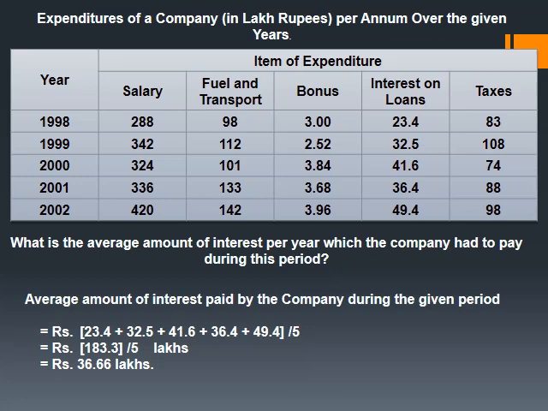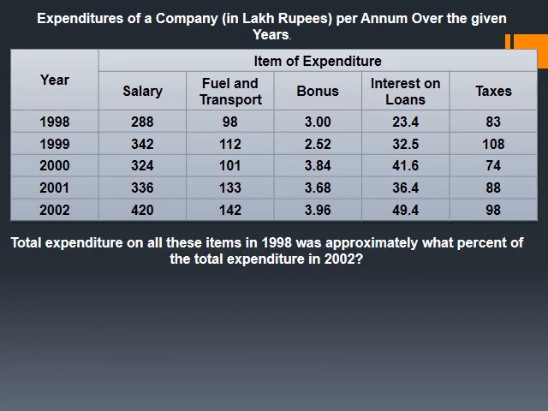We'll see another question based on this table. Total expenditure on all these items in 1998 was approximately what percent of the total expenditure in 2002? So there are three things you have to remember in this. Total expenditure on all these items. So there are items given: salary, fuel and transport, bonus, interest on loans and taxes. So total of all these for 2 years, which year?